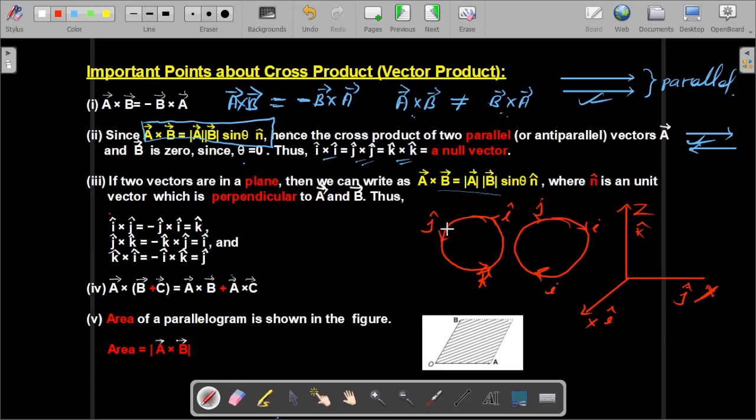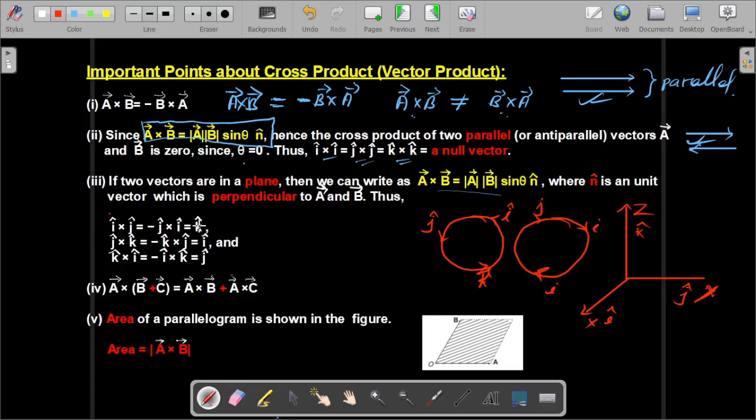In case of positive, after I you get j, after j you get k, after k you get I. So while taking the cross product I cross j in this way, the result will be plus k, perpendicular to I and j.